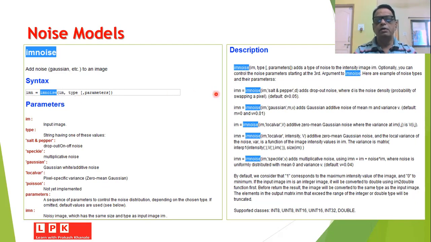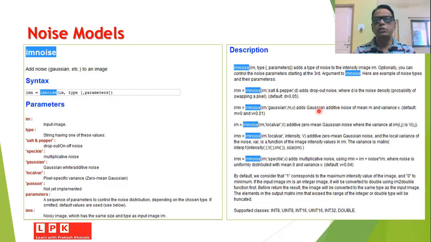So we can add different types of noise. For example, when we think of adding salt and pepper, this noise is nothing but a dropout noise. We have a probability of swapping the pixels, and the default value for this density D is 0.05.